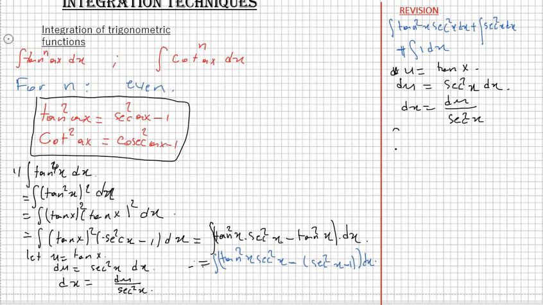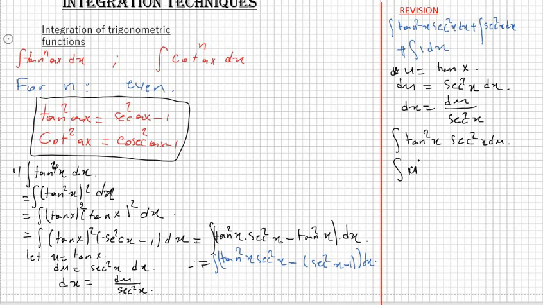So I first need to integrate this function here. So what am I gonna get? Because I say that u is equal to tan x, so I can replace tan x there.